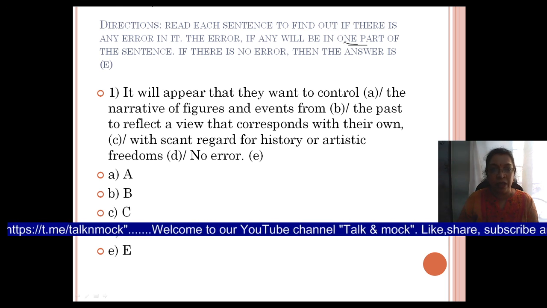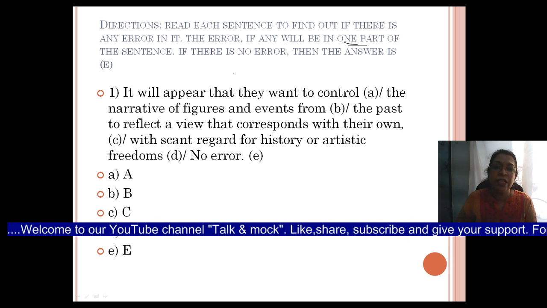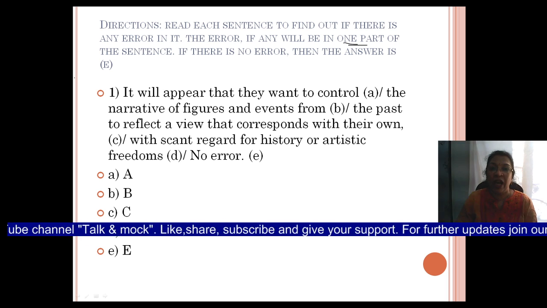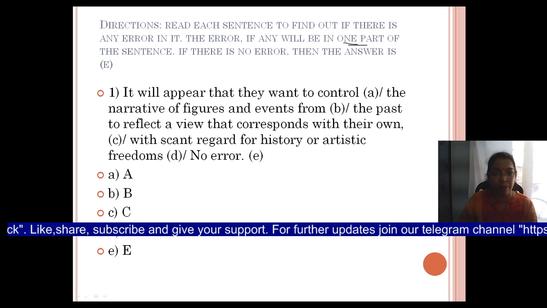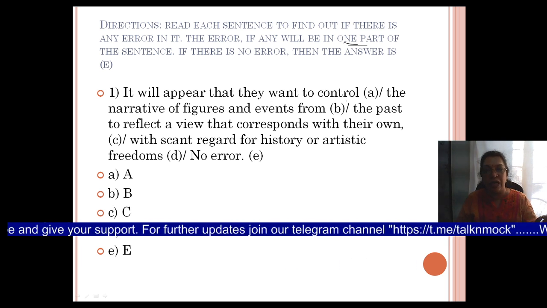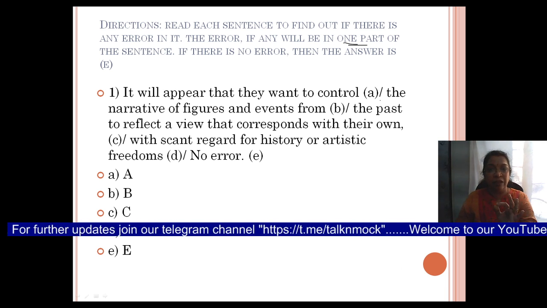It will appear that they want to control the narrative of figures. See, how will I go about spotting the errors? I'll read very slowly, part by part. It will appear that they want to control. Till this there is no error. I'll be looking for subject-verb agreement, then the tenses.